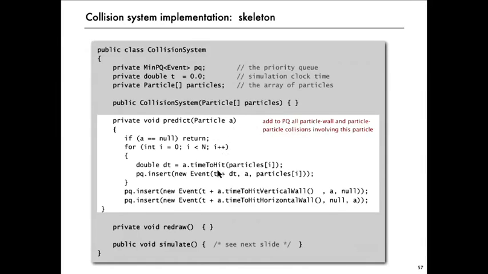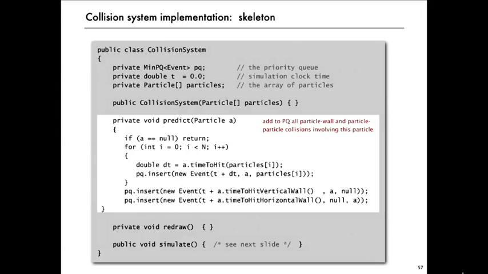It goes through every particle and calls the timeToHit method for that particle, and then puts an event on the priority queue for that time, this particle with that particle. And then it also puts an event for the vertical wall and the horizontal wall, again using this null convention: an event with the second argument null is vertical, and first argument null is horizontal. So that's a key method that gets used in the simulation.